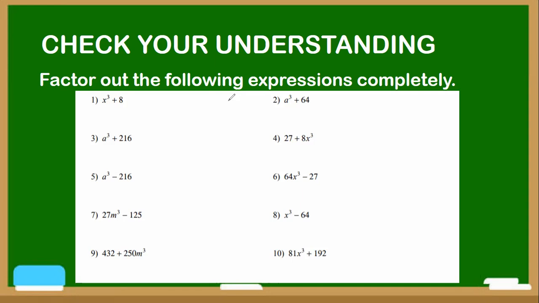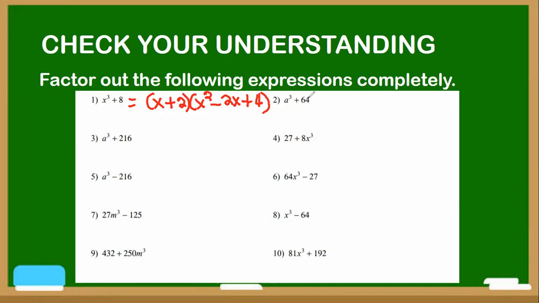Okay, so let's check your work. For number 1, x cubed plus 8. If we factor this out, this is x plus 2 multiplied by x squared minus 2x plus 4. So this is the answer for number 1.